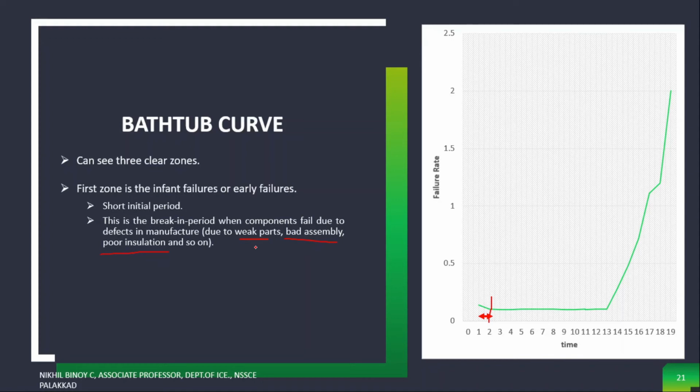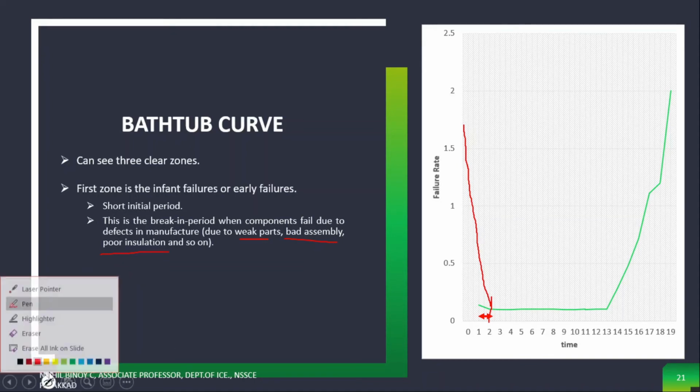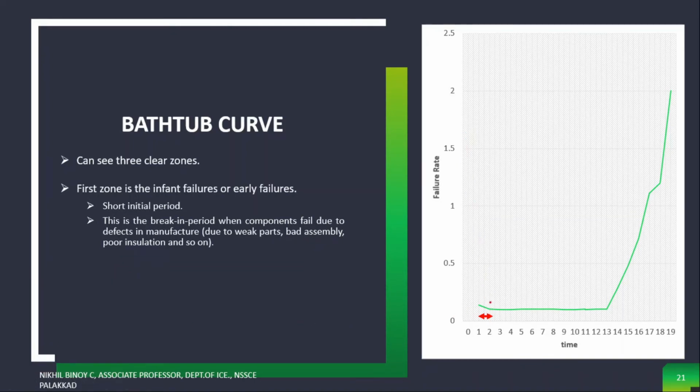If the manufacturing unit has a large manufacturing problem, the infant failure zone will be large. If you are using a very good manufacturing unit, then this zone will be small.